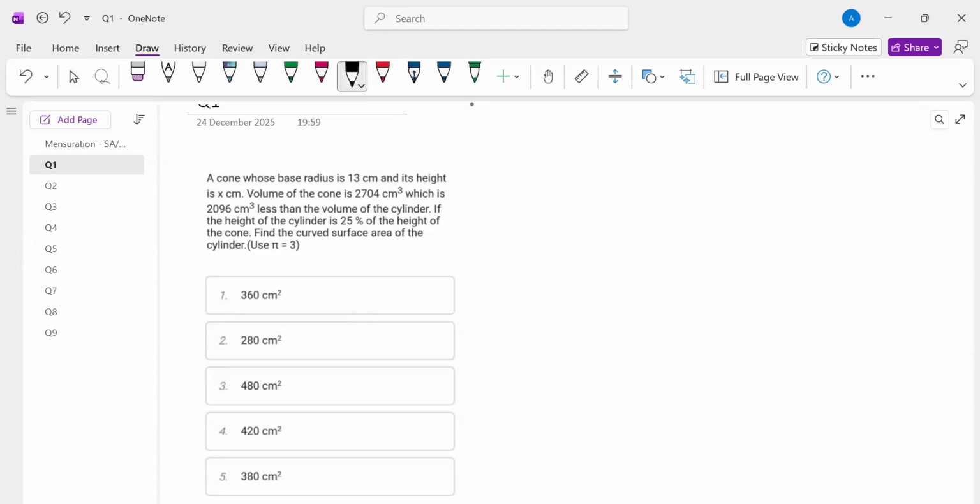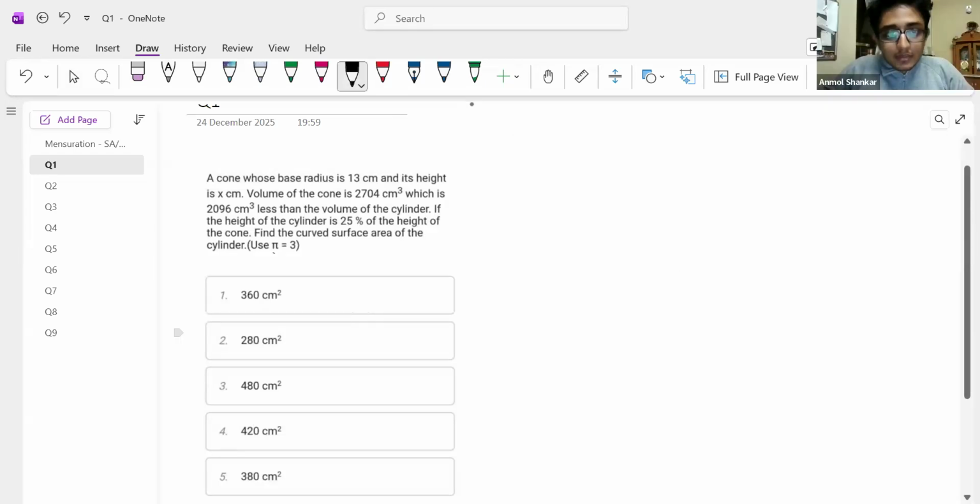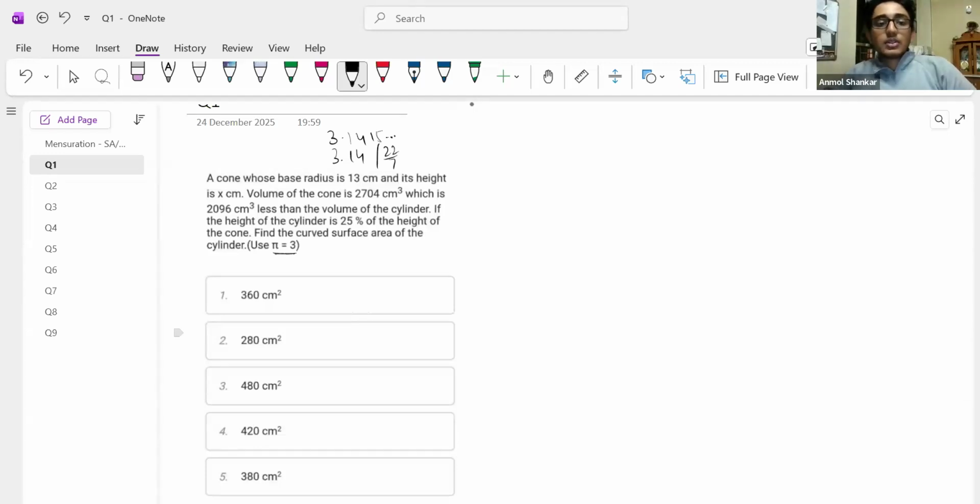Use pi equal to 3. Thank you, Bharat Ashwin. Pi is usually 3.1415 and so on. Usually we use 3.14 or 22 by 7, because it's the closest small fraction to pi, which is an irrational number. In the question they have given 3, so we have to use 3. With 3.14 the answer won't come out.